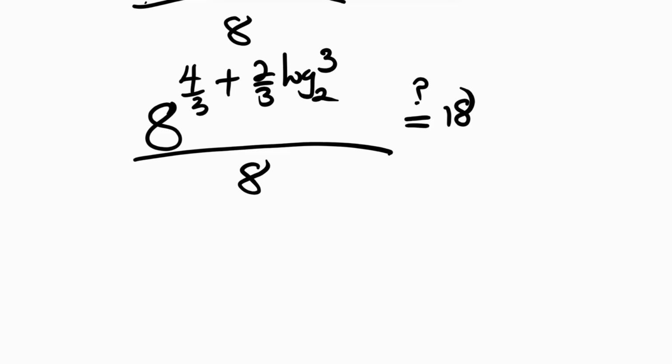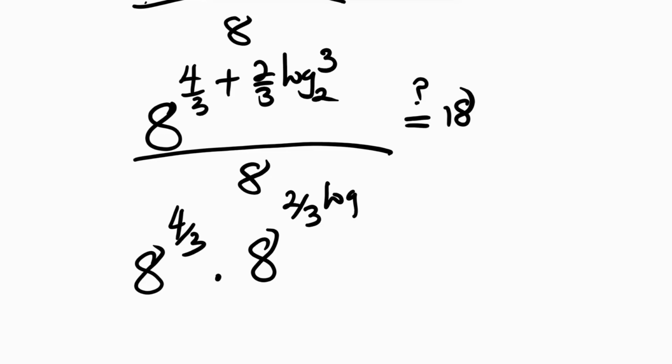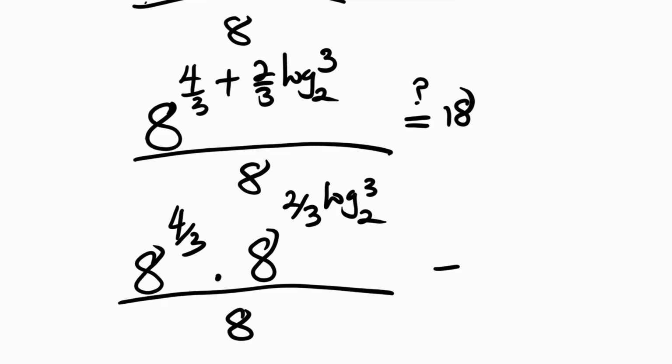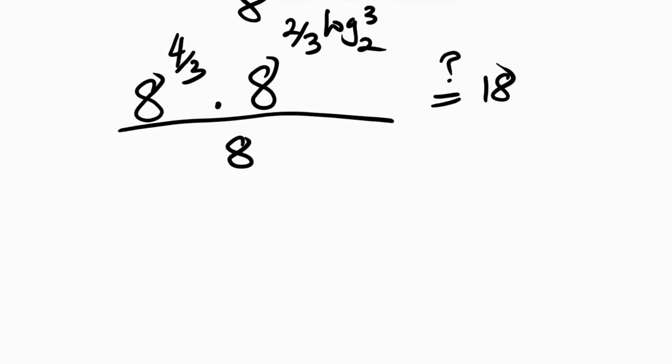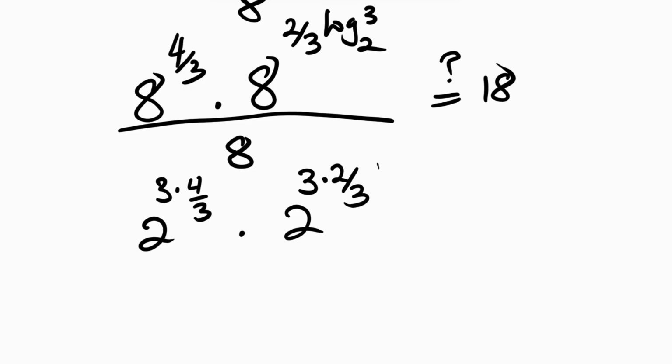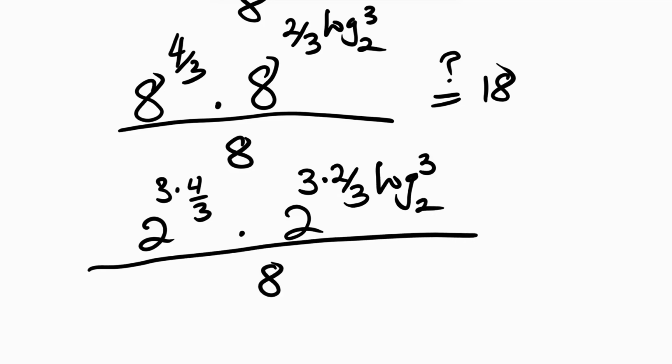This is the same thing as 8 raised to the power 4 over 3 times 8 raised to the power 2 over 3 log 3 base 2, all divided by 8 equals 18. 8 is the same as 2 raised to the power 3, so we have 2 raised to the power 3 times 4 over 3, times 2 raised to the power 3 times 2 over 3 log 3 base 2, all divided by 8. Let's see if it's equal to 18.